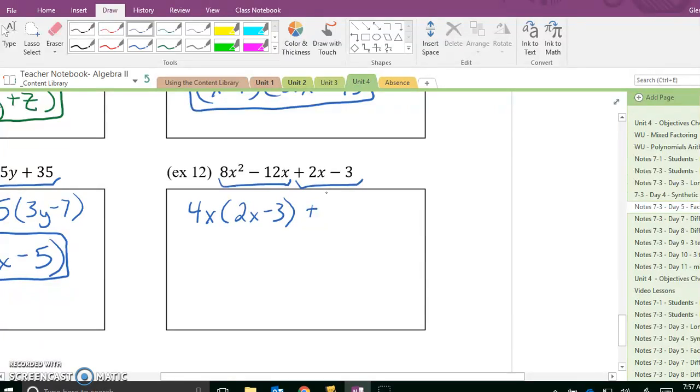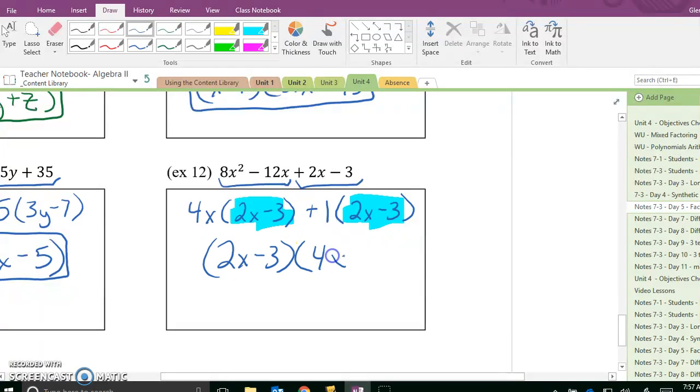The lowest possible thing that I can get rid of from a 2x minus 3 is just 1. So in this case, now I have 1 times 2x minus 3. Both the insides are in common. And I have 2x minus 3 and 4x plus 1. And there's my final answer.